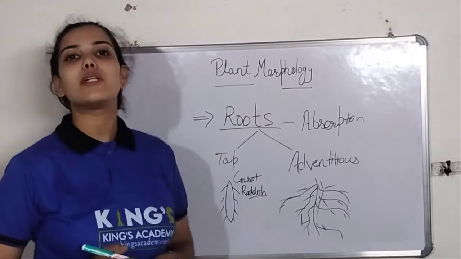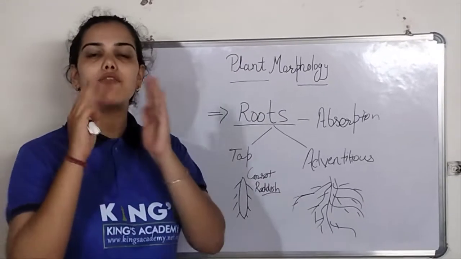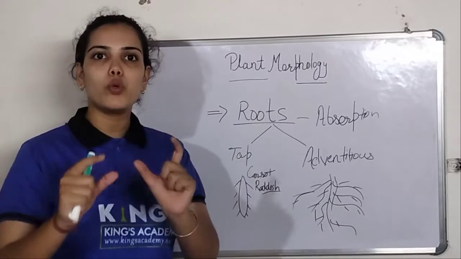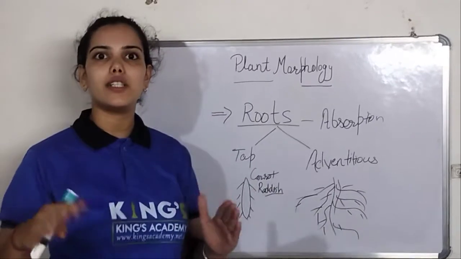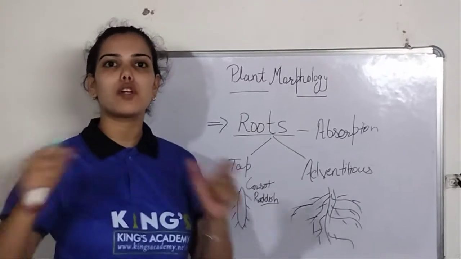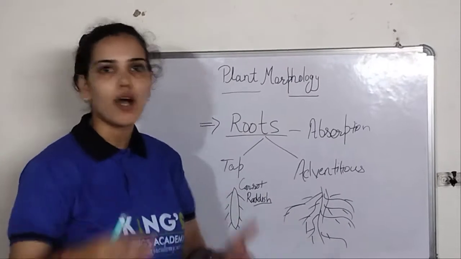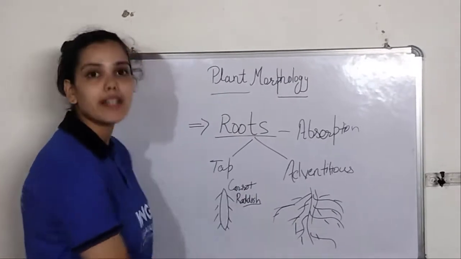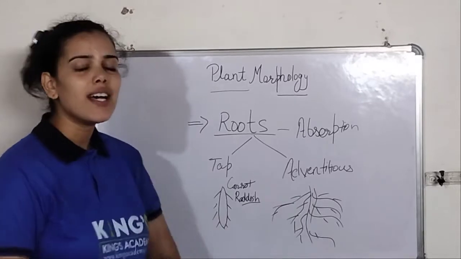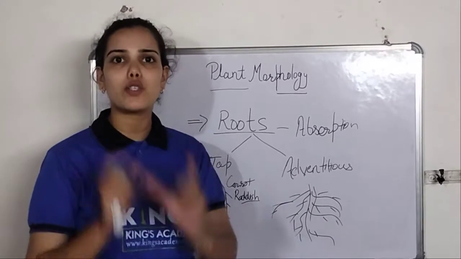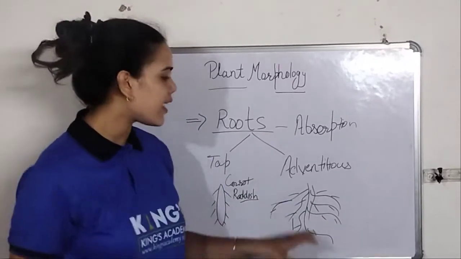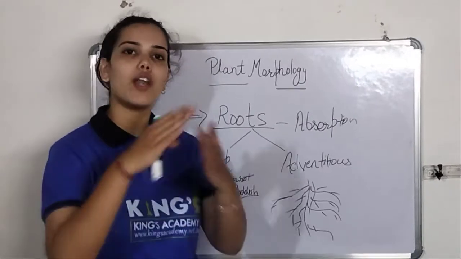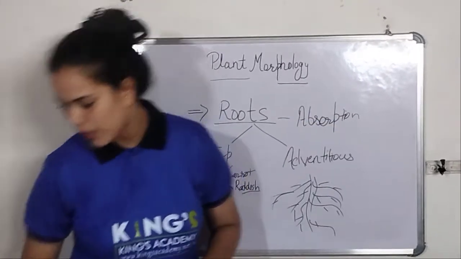These are the examples of taproot in which there is one single main root, and over it there are some fine thread-like structures coming out of the root. And in adventitious roots there is no fine or stable formation of a main root. There are simple thread-like structures all hanging from a single base, right?